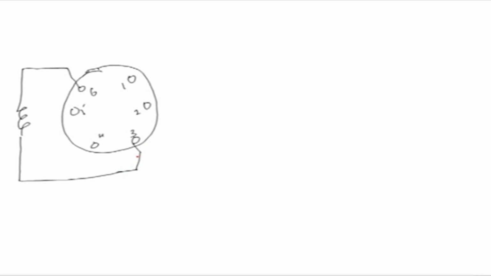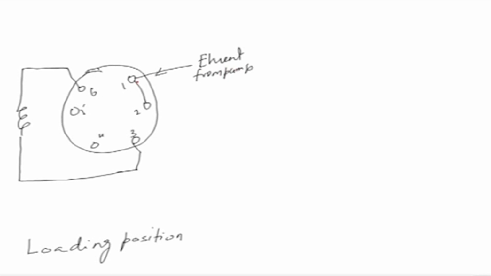Now, there are two positions, one is the loading position. Loading position means you are loading your sample onto the loop. So, what is the configuration here? The configuration is that you have the eluent or the mobile phase from the pump going to port number 1, and from port number 2 it is going to the column.